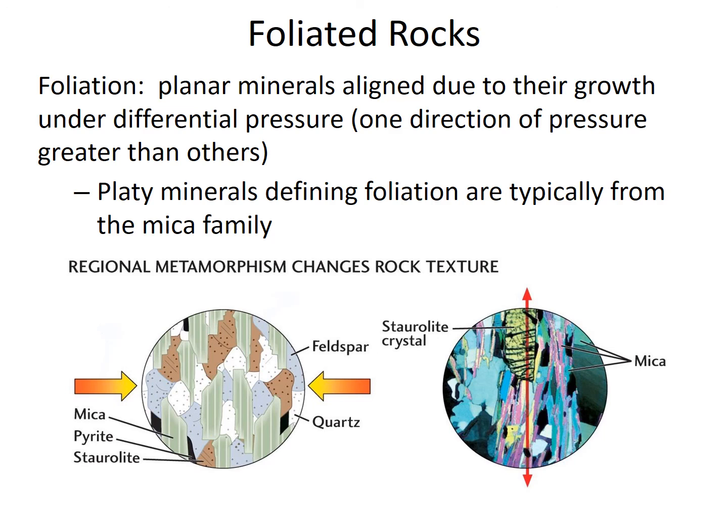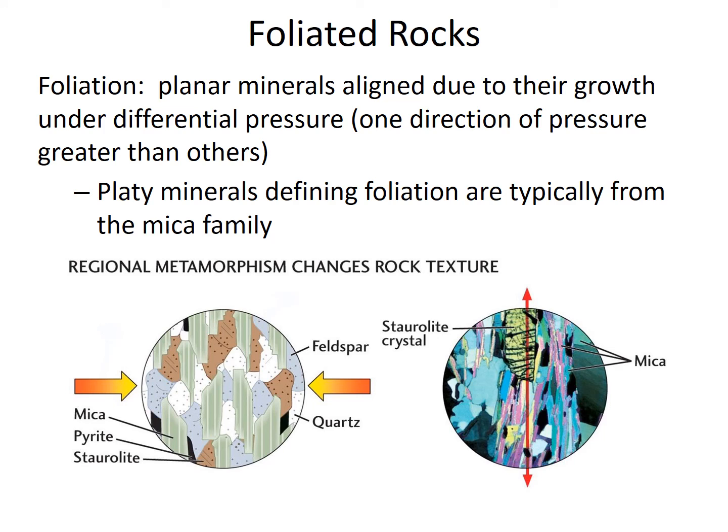Foliation in metamorphic rocks. Now when you think about sedimentary rocks, you had a lot of layers or beds. But when we come to metamorphic rocks, we don't call them beds or stratigraphy or strata. We call them foliations. The planar minerals align due to their growth under differential pressure, one direction of pressure greater than others.